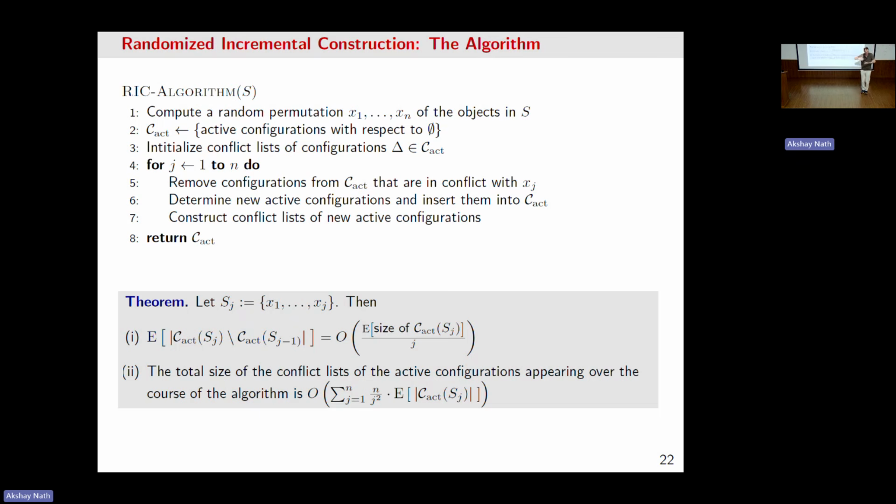I have to split it and so on. So the time for that is hopefully linear in the size of these conflict lists. So I'm also interested in not just the total number of configurations that appear, but also the total size of the conflict lists, because that determines the running time. And that is what you see here.